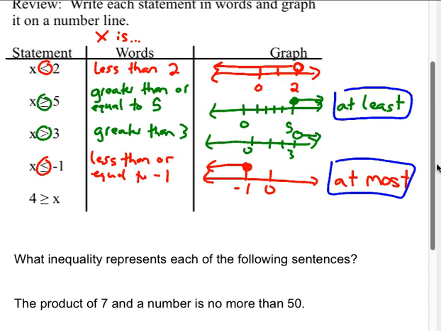Now, for this last one, it's always easiest to deal with inequalities if your variable is on the left-hand side. So this is written oppositely of the way that I want it, okay? So what I would do is I would rewrite this. I would flip the x and the 4, but when you flip it, the direction is also going to flip with it, okay? So reverse your sides and reverse the inequality, and then it becomes one you've already done, okay?